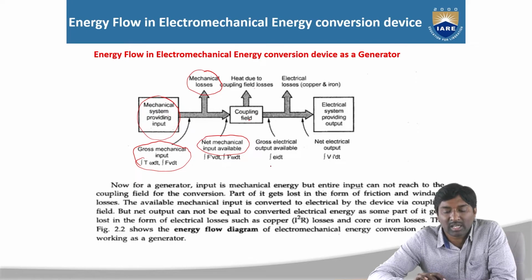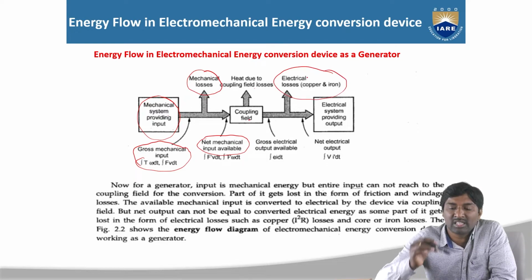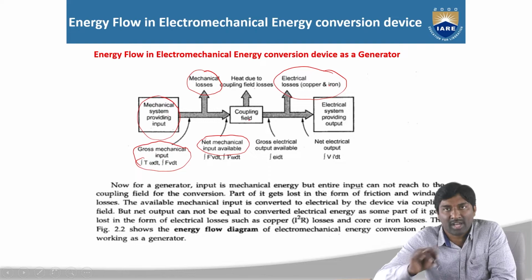The gross electrical output available at this point is the integration of EI dt. After that, I also get the electrical losses, which are the copper and iron losses.